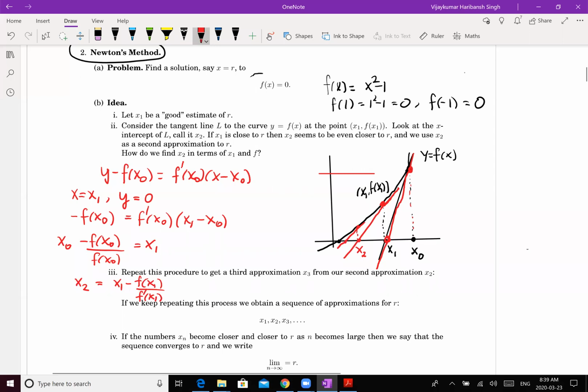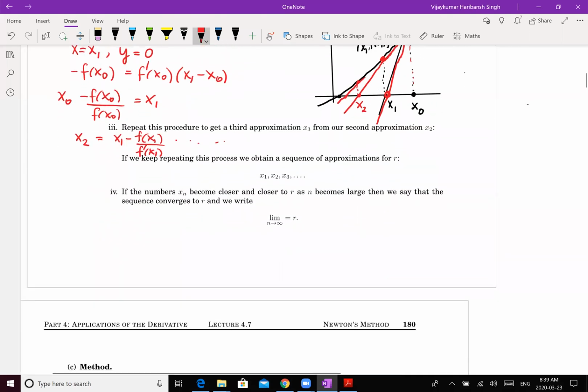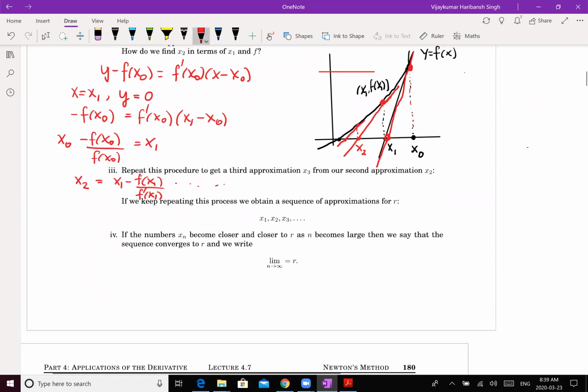In fact, you can keep on repeating this process and you will have x1, x2, x3, and so on, all the way up to the approximation you really want, by using the following: x n plus 1 is x n minus f of x n divided by f prime of x n. So this is called Newton's method.